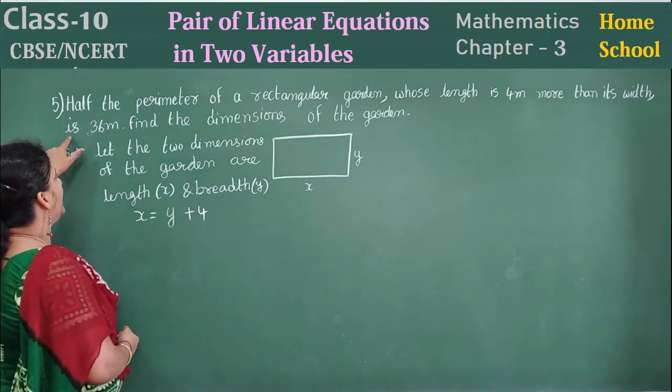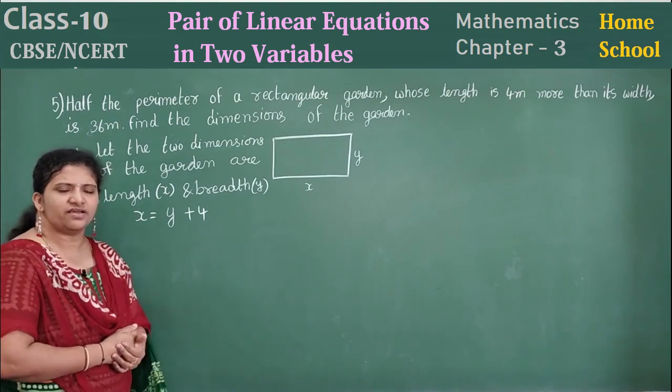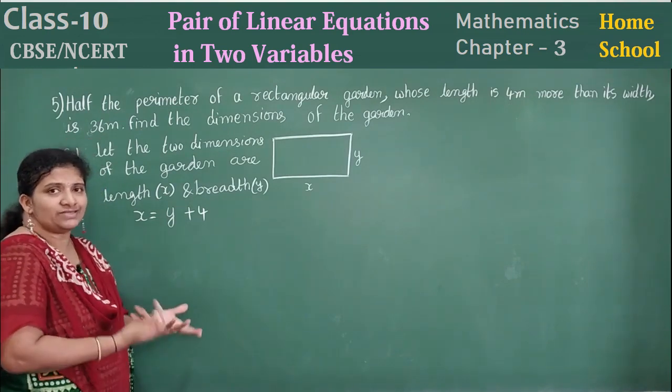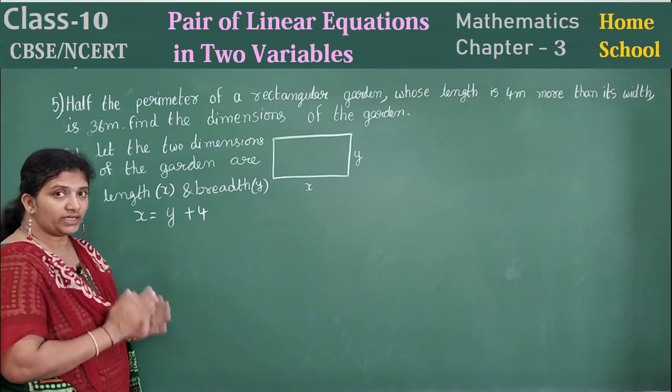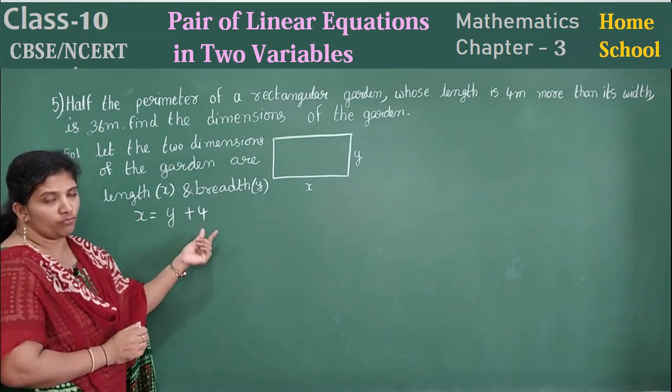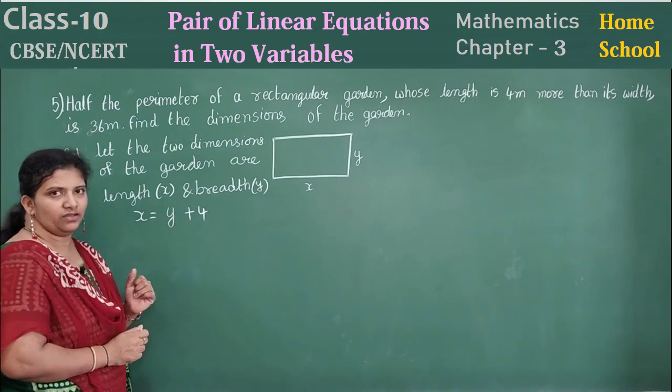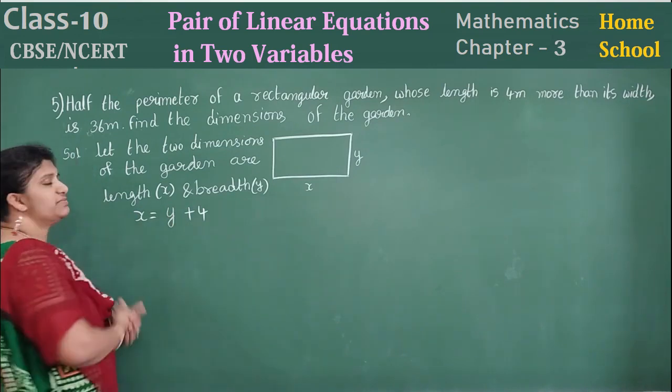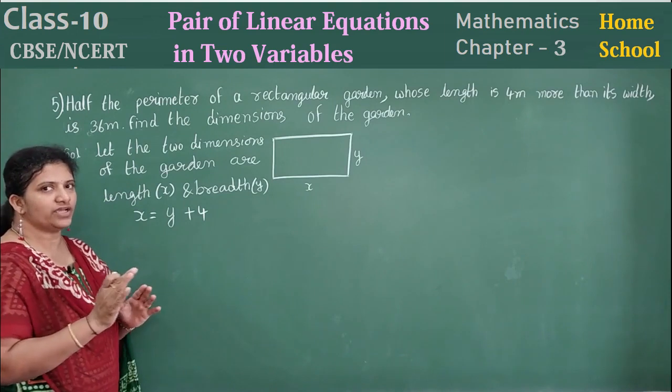Now, is 36 meters. Which is 36 meters? There is no meaning at all. What is the question? Whose length is 4 more than its width. Is 36 meters means what? So look here, children.